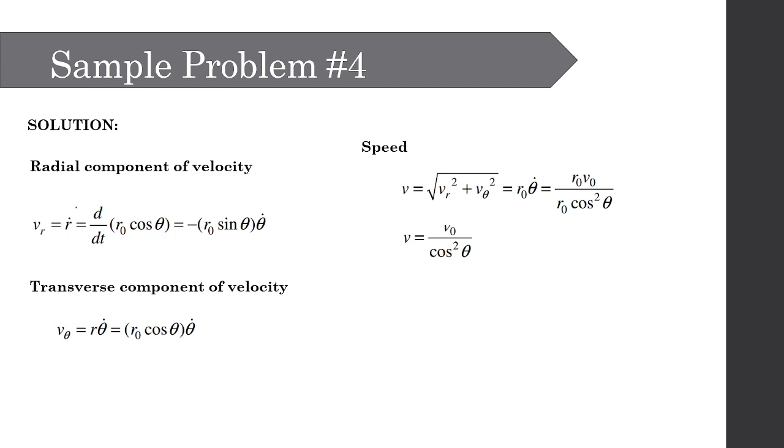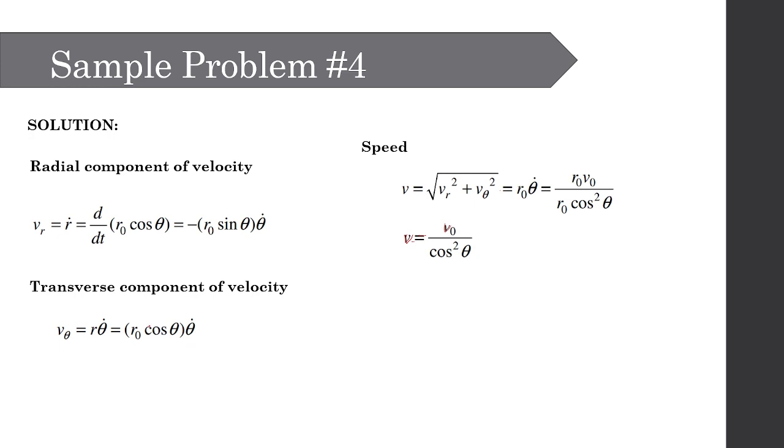So, solution. In the radial component we have this: v_r is equal to r dot, which is the derivative with respect to t of r_0 cosine theta, just equal to negative r_0 sine theta times theta dot. When it comes to speed, v is the square root of v_r squared plus v_theta squared, which is equal to r_0 times theta dot, and we have v equals v_0 over cosine squared theta.